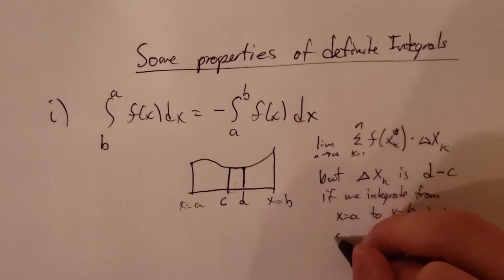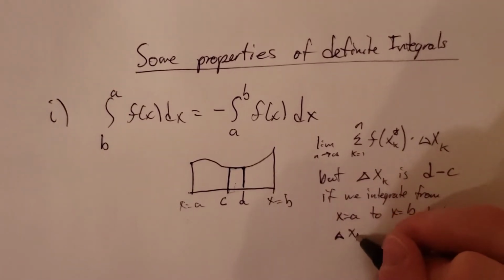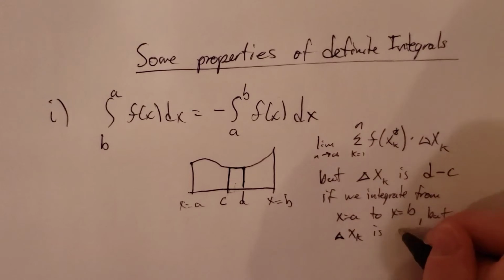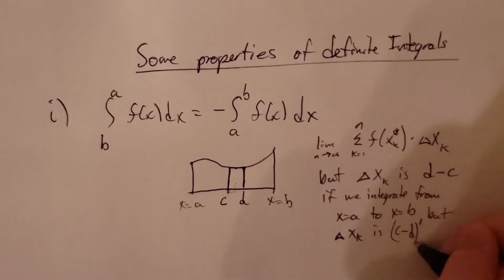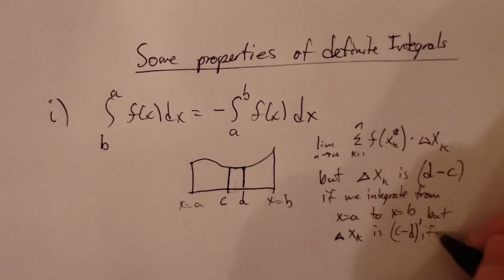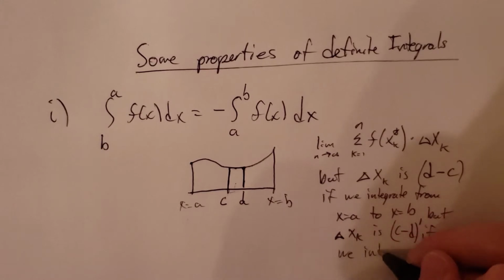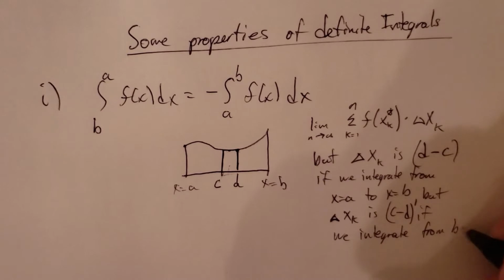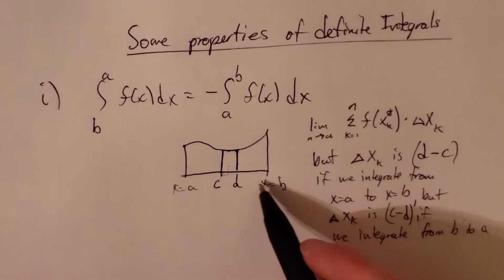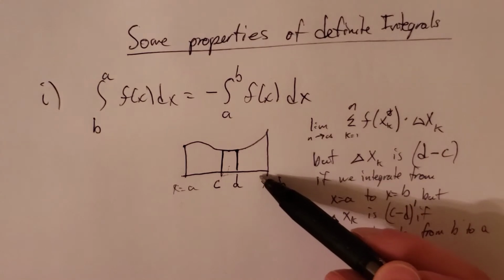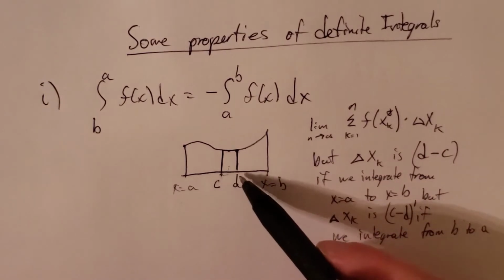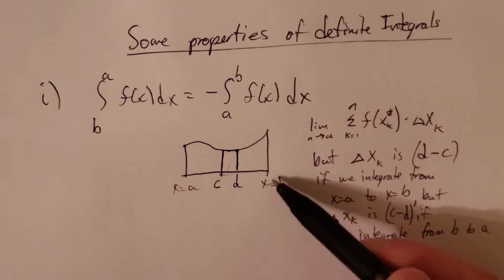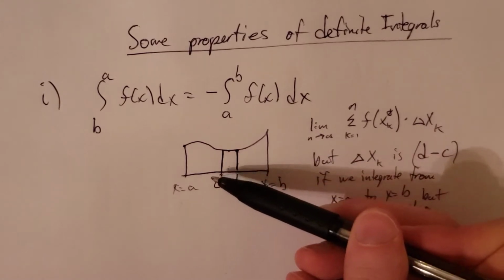But delta x sub k is c minus d if we integrate from b to a. If we are going the other direction here, now our second value is c, and we subtract away the first value if we're traveling from this direction.